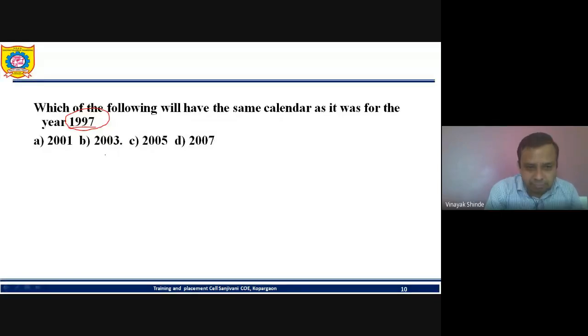So you need to find out the odd days for every year, 1997, 1998, 1999, like this. Then you need to add those odd days. And once the addition is equal to 7 or 14 or 21, the next year will be the same calendar year.